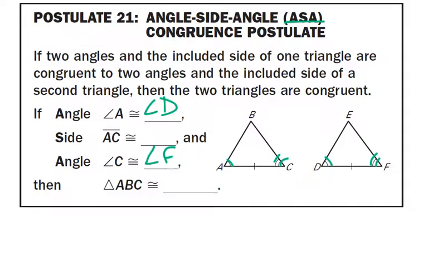Okay, and then the side between them, AC is congruent to segment DF. So then we've got our two congruent sides between those two congruent angles. We can then say that triangle ABC is congruent to triangle DEF.